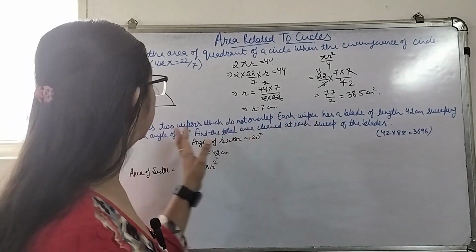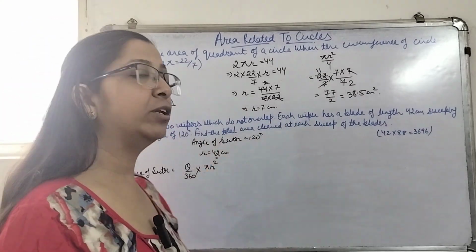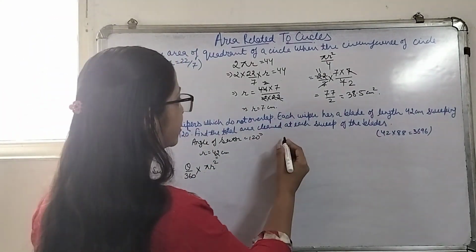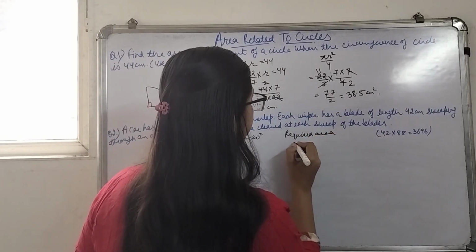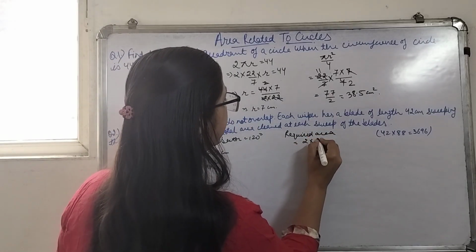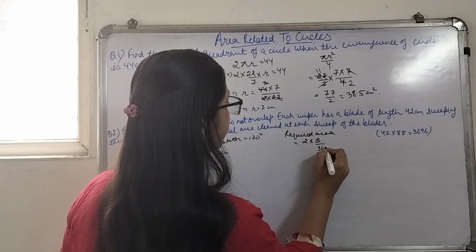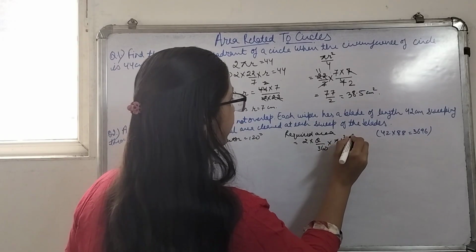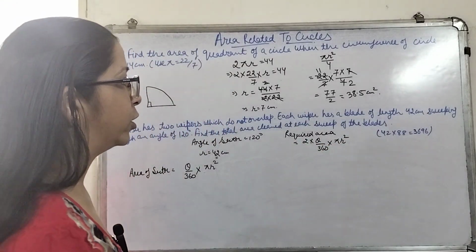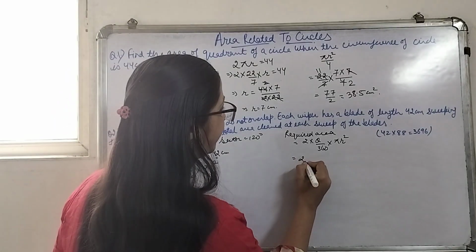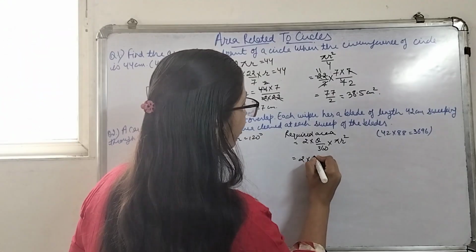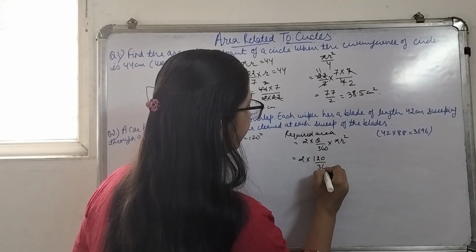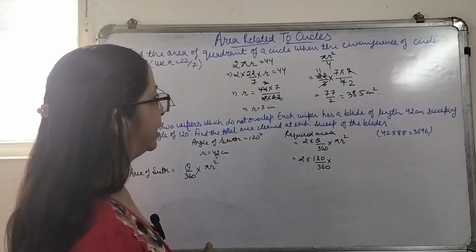Now, because there are 2 wipers, the area will be doubled. So the required area is 2 multiplied by theta over 360 multiplied by pi r square. Now if we put in all these values, it will be 2 multiplied by the value of theta, which is 120, 120 divided by 360 multiplied by the value of pi.